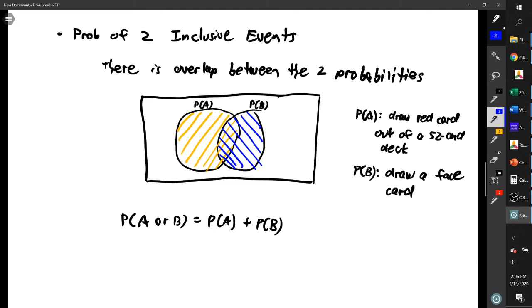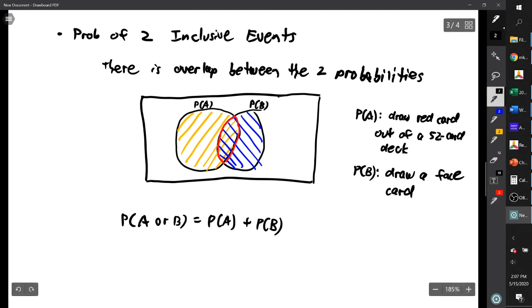Now when we add these, this red section, we have counted it twice. Do you see that? We counted that red section once with yellow, and then again with blue, and we can only count it once because otherwise our percentage is messed up.